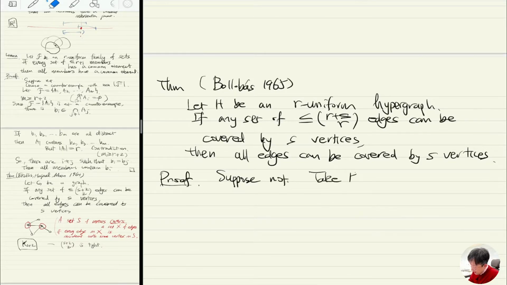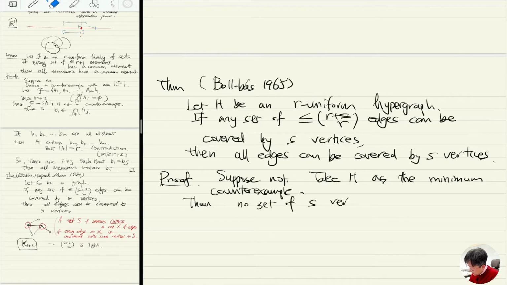Take H as a minimum counterexample. Then no set of S vertices can cover all edges of H, because that's the assumption.